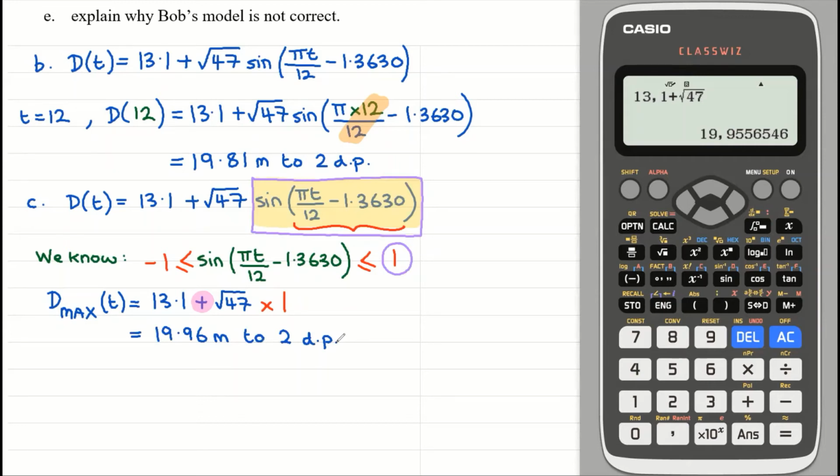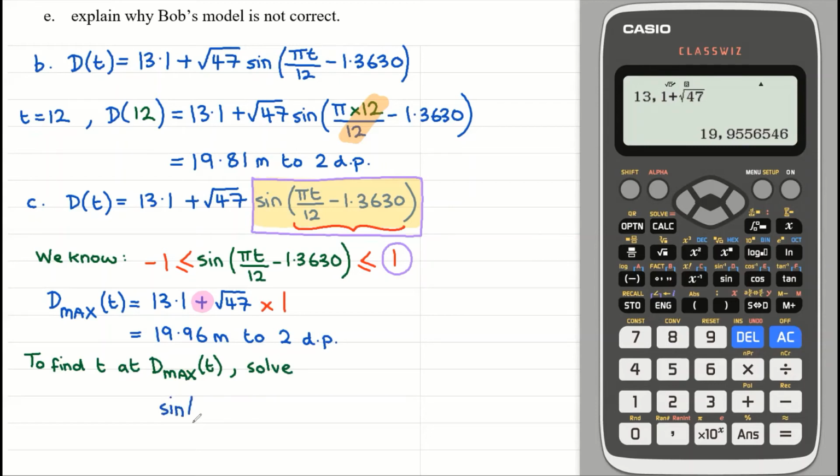So let's just make a note. To find t at d max, so to find the time when the depth is a maximum, what do we have to do? Well, all we have to do is solve the following equation.